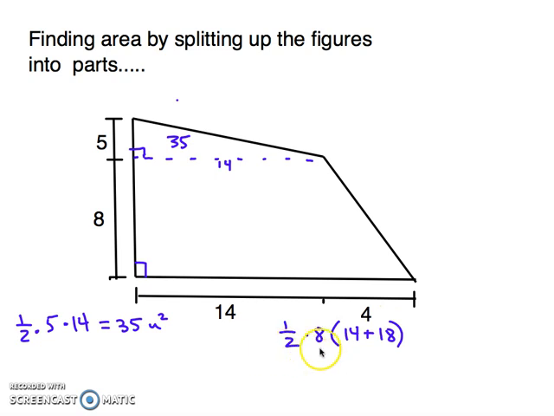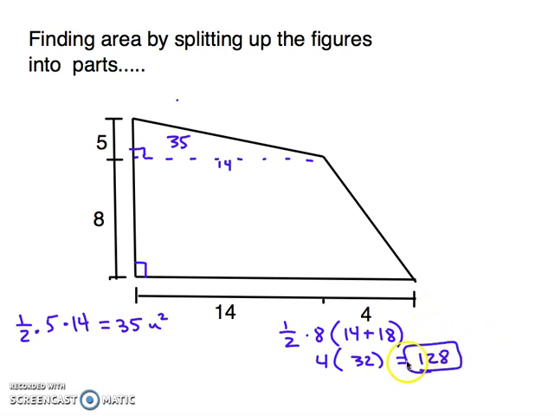So 1/2 of 8 would be 4 times 14 plus 18 is 32. So that equals 128.